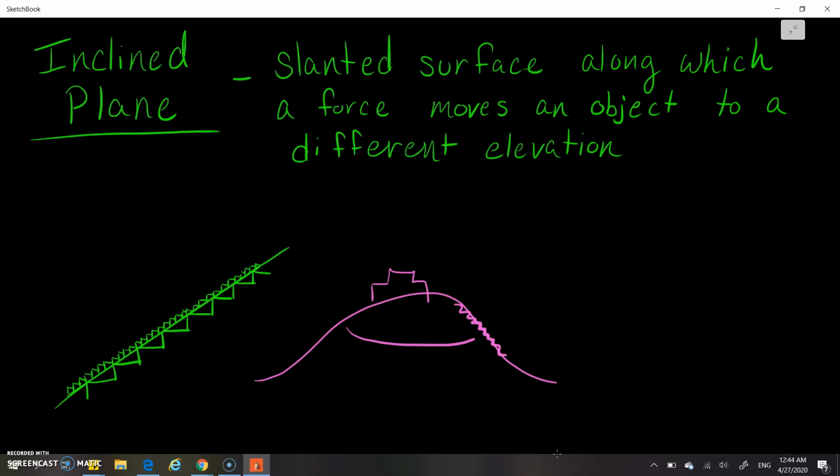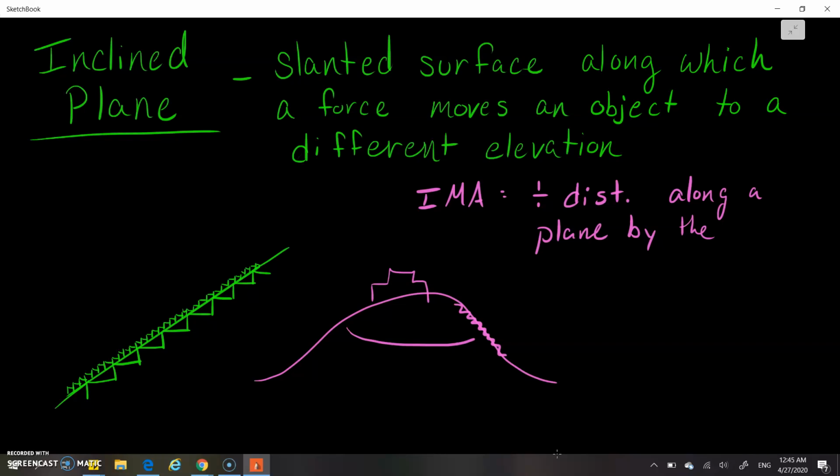And so basically, whatever your horizontal to vertical ratio is. So for this, your ideal mechanical advantage is going to be when you divide the total distance, I'm going to abbreviate, the distance along a plane, so the horizontal surface, by the change in height.